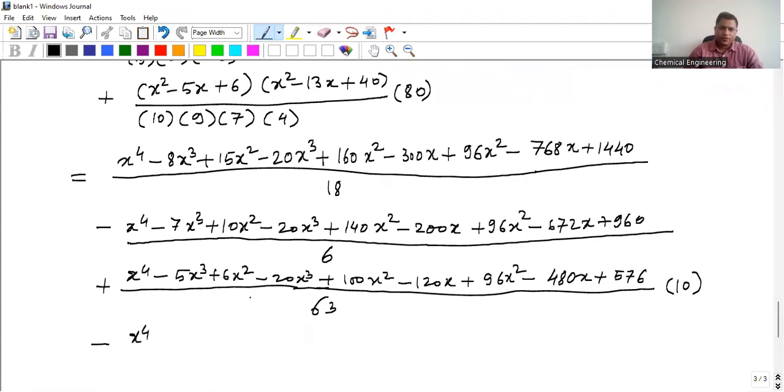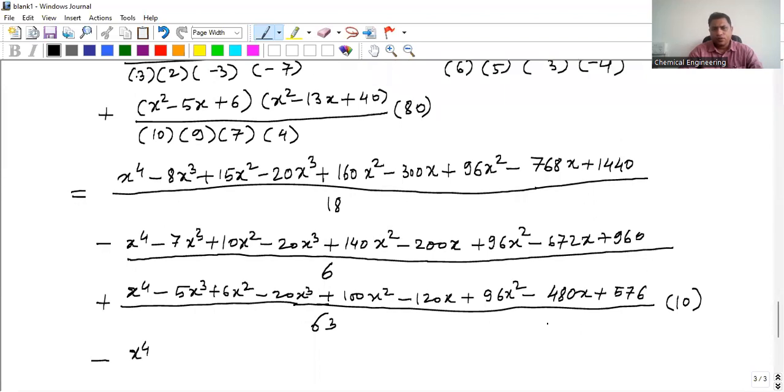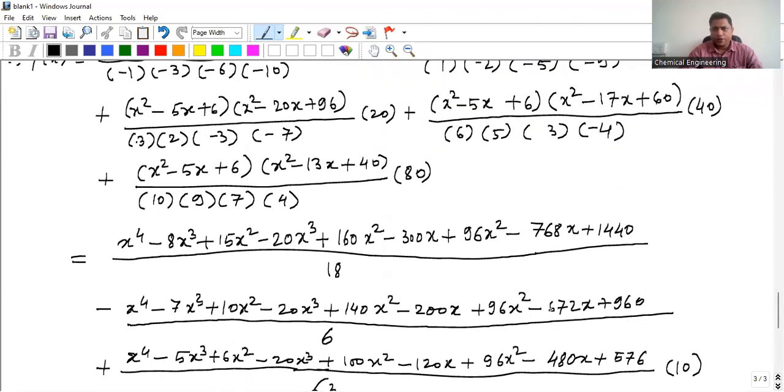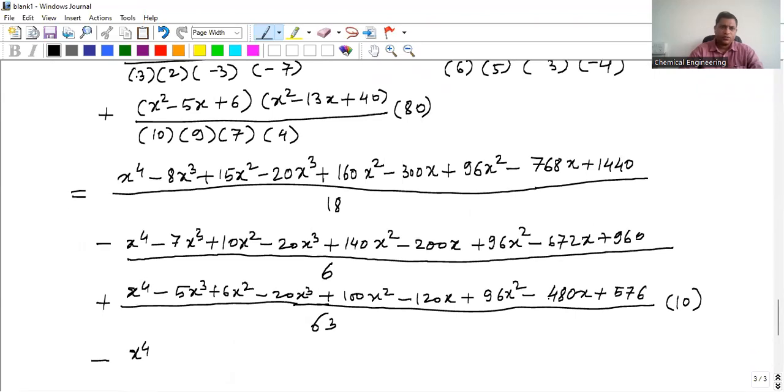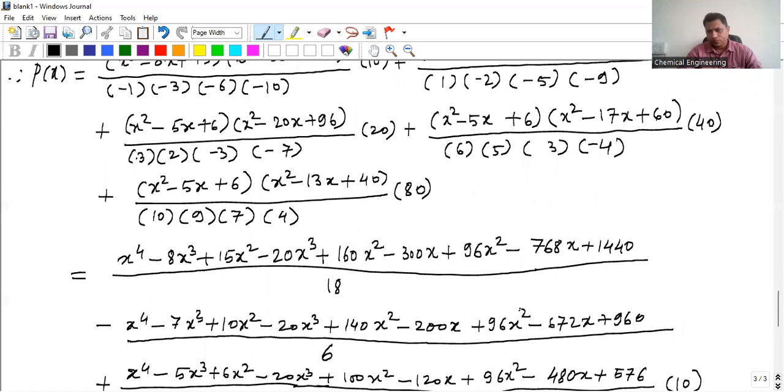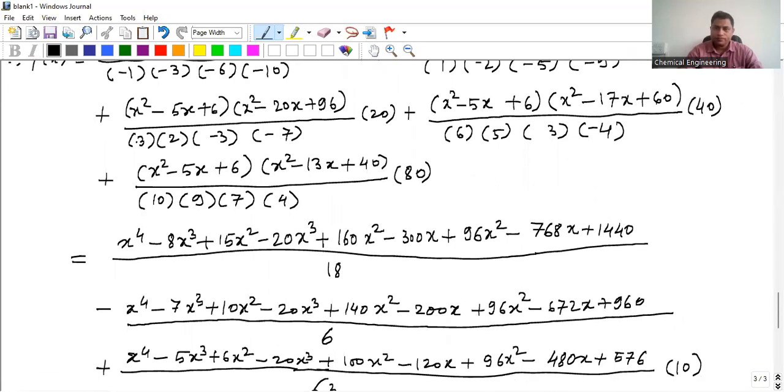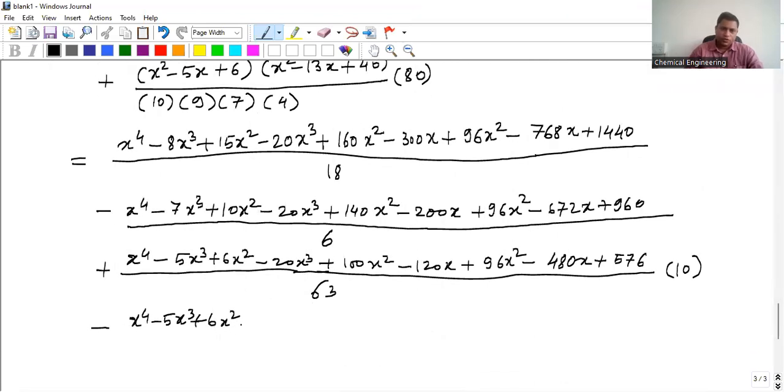And we have x raised to 4, minus 5x cubed plus 6x squared. Then what do we have here? Minus 17x cubed.